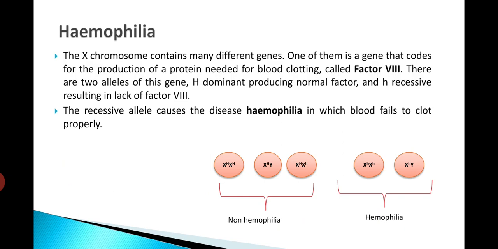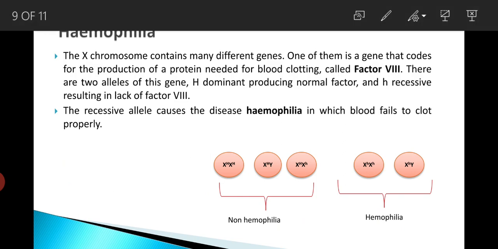The second type of disease in which we have inheritance depending on the X chromosome is hemophilia. The X chromosome contains many genes, and one of them is the gene that codes for a protein which is important for blood clotting, and this is called factor VIII.